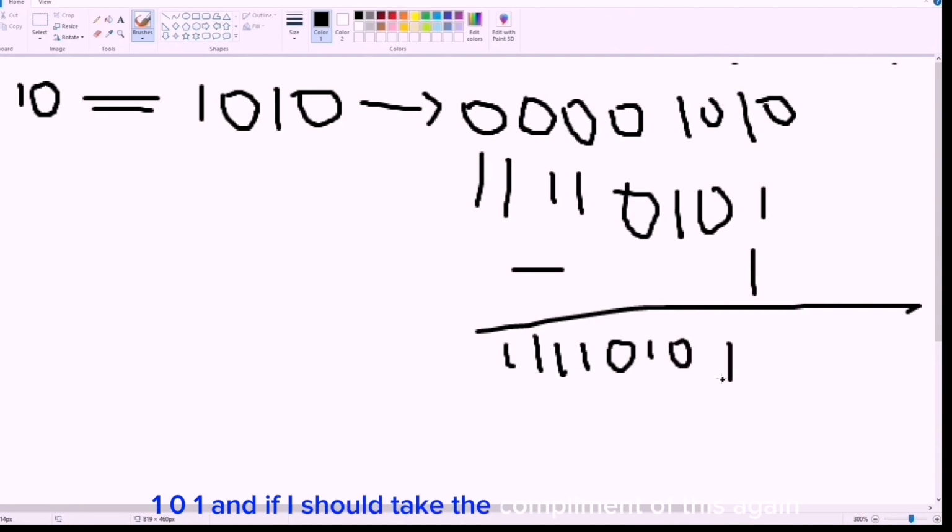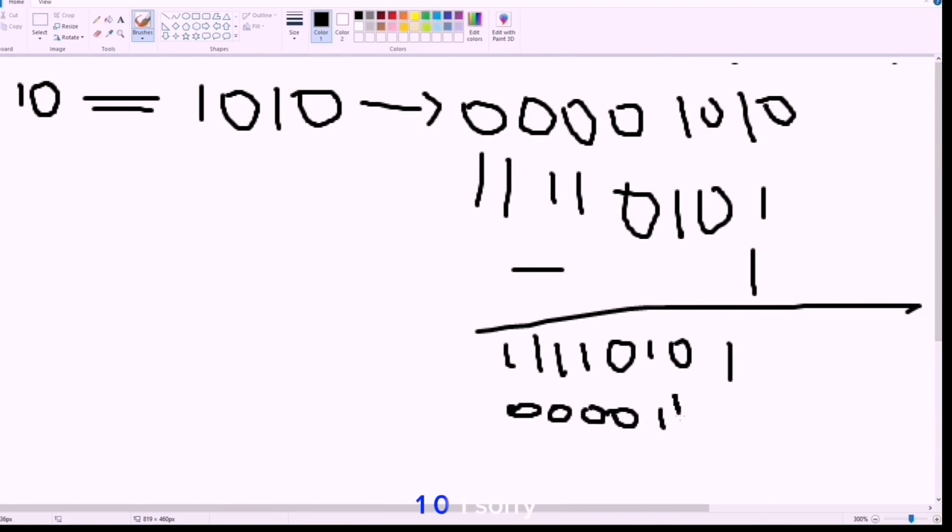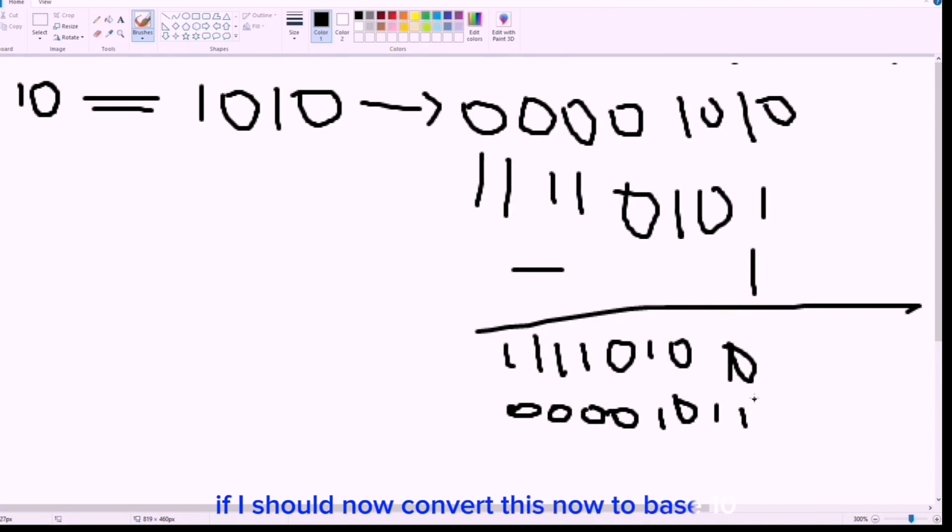If I minus 1, I have 11110101. And if I take the complement of this again, I have 00001011. So if I now convert this to base 10, this is 0, this is 1, this is 2, and this is 3.